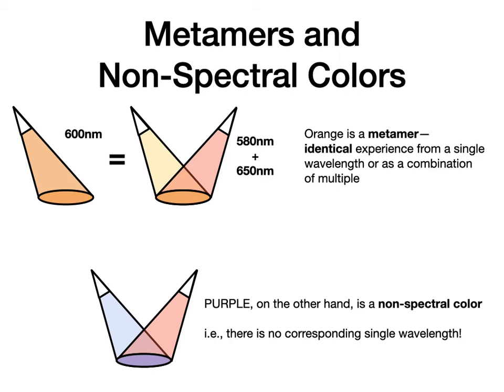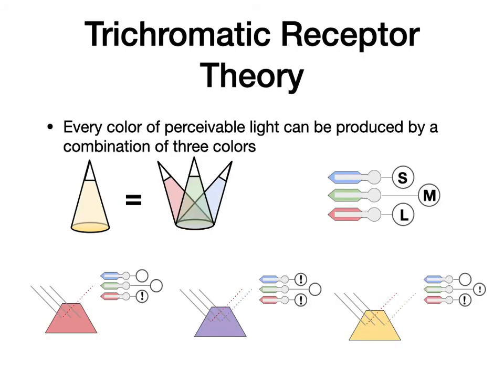How does that all work? Well, the trichromatic receptor theory is the idea that every color of our perceivable light can be produced by a combination of three colors of light. The reason that's possible is because that's what our cones are tuned toward. So in the bottom left, we have a lot of red light coming off. That activates our red cones.